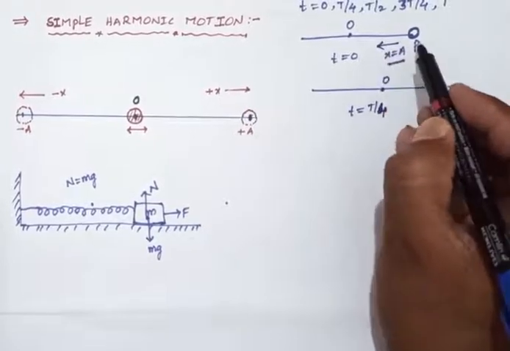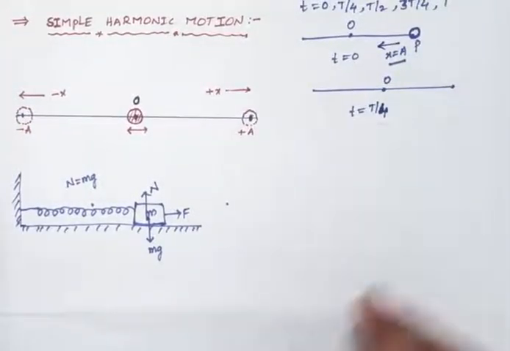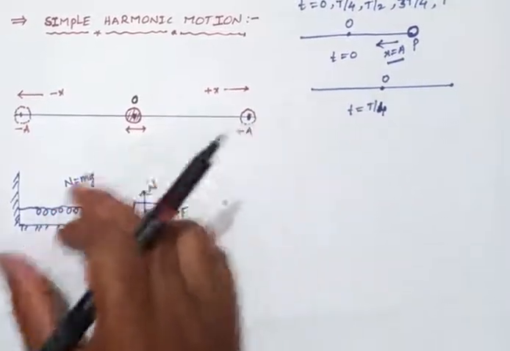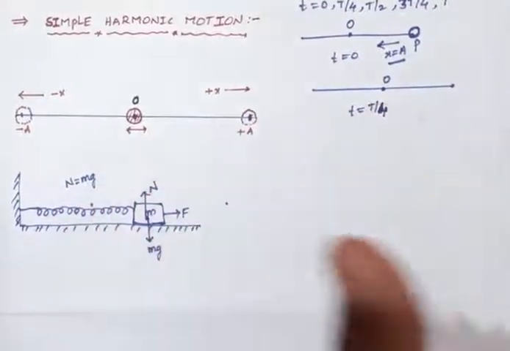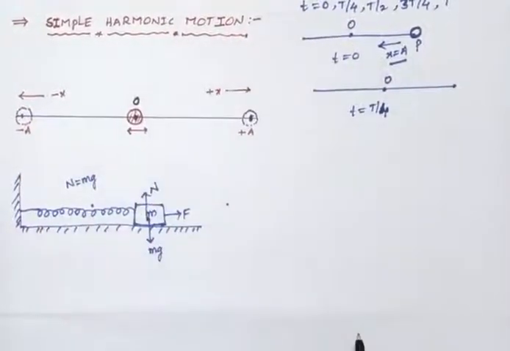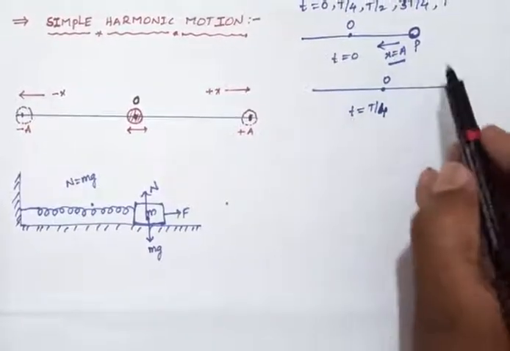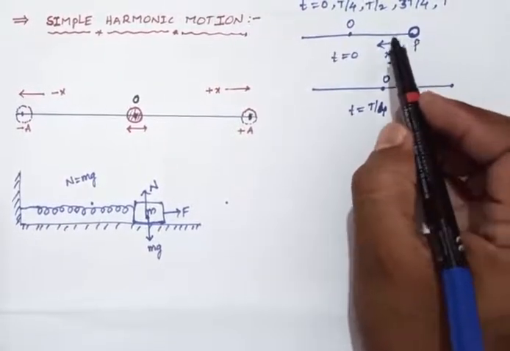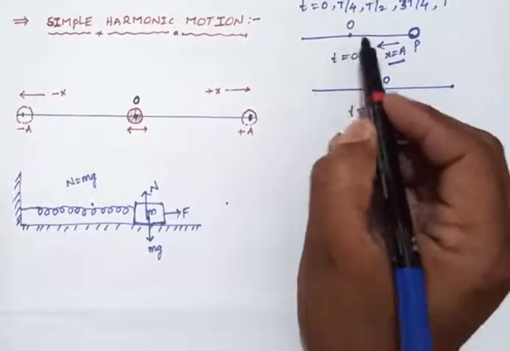Again it moves in this direction, because there is a restoring force, so it undergoes simple harmonic motion. In simple harmonic motion, the particle comes to the mean position.